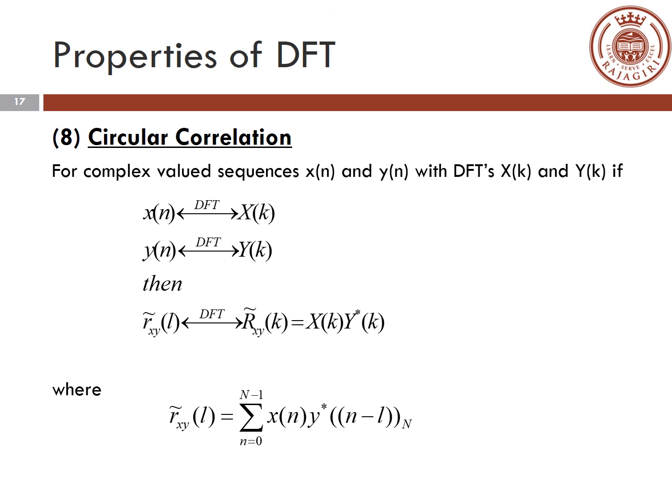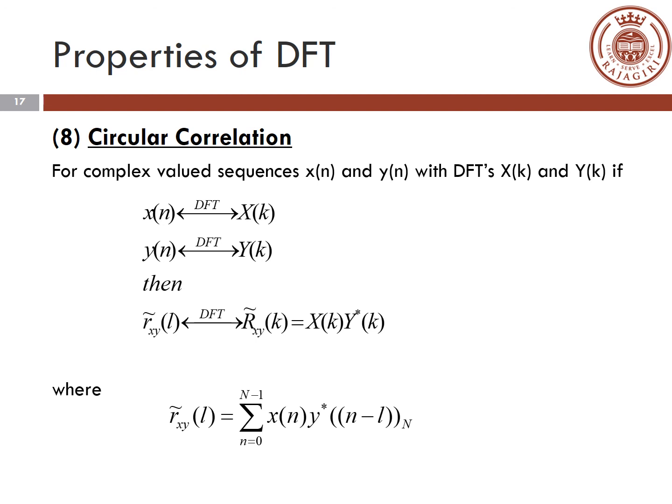So if I perform this operation, what we get is known as the circular correlation of two signals. If the two signals are circularly correlated in the time domain, then the circular correlation property tells you that their DFT is not just multiplication, it is x of k into y conjugate of k.